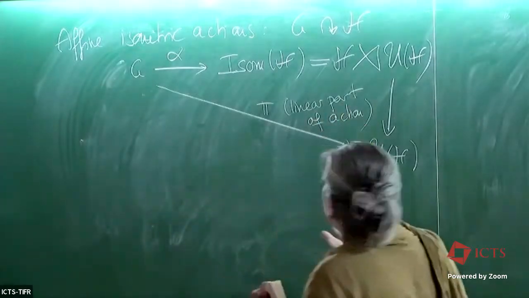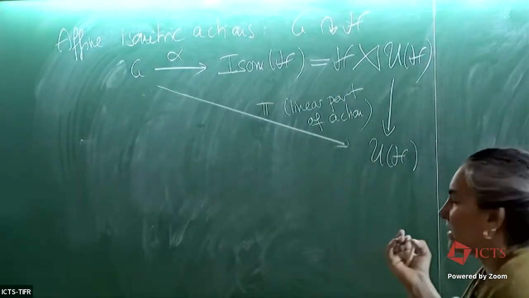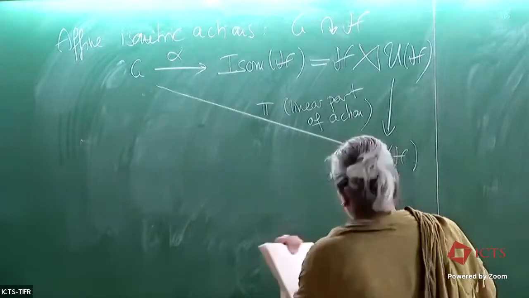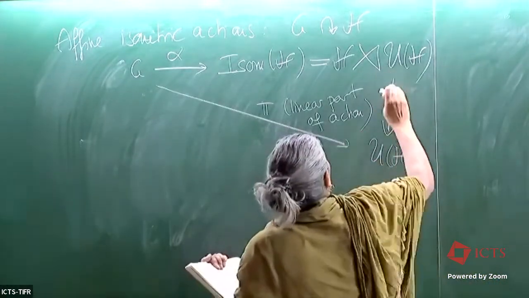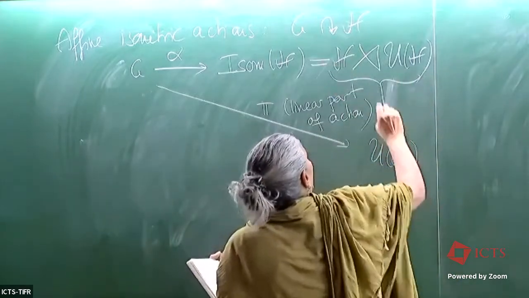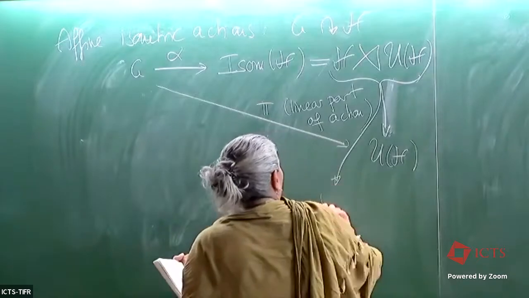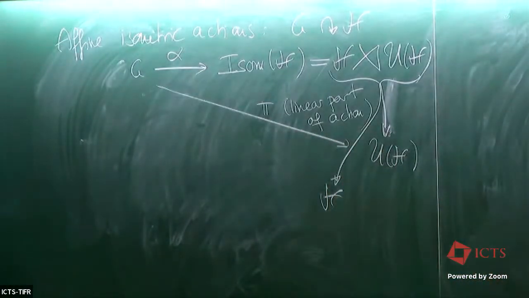But then it's a semidirect product, so you have a section, meaning that you have a map that goes to H, which is not a group homomorphism.